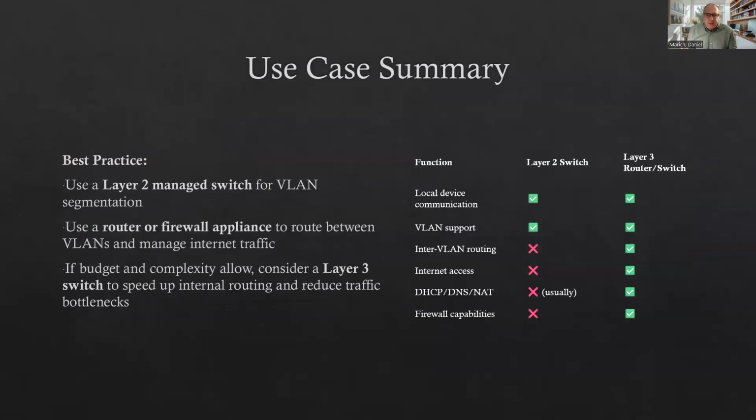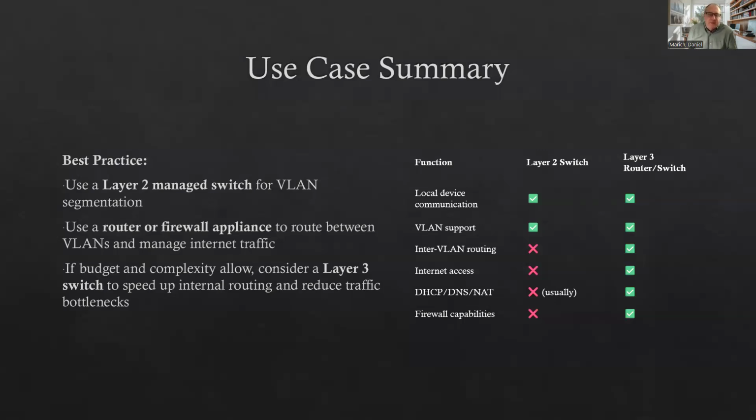So here's our quick summary. A layer 2 managed switch is ideal for VLAN segmentation and local device communication. It can isolate traffic between departments or roles, but it cannot route between VLANs or subnets.